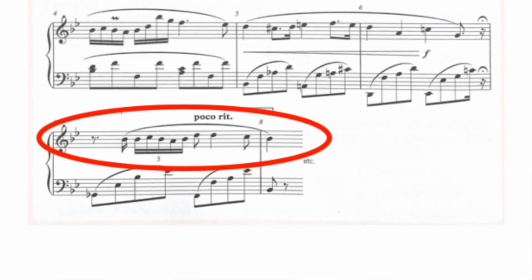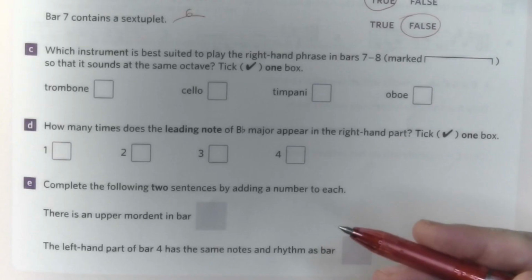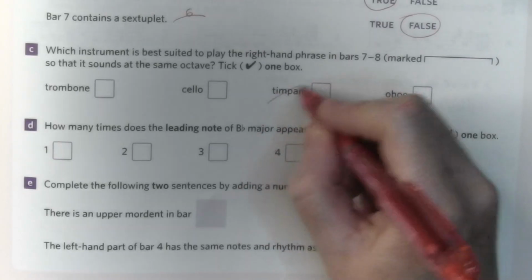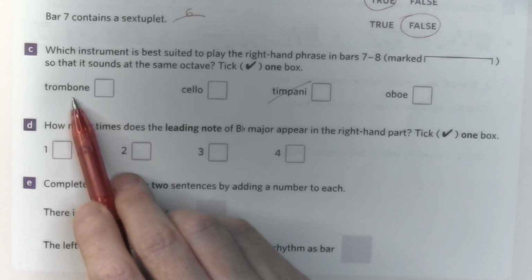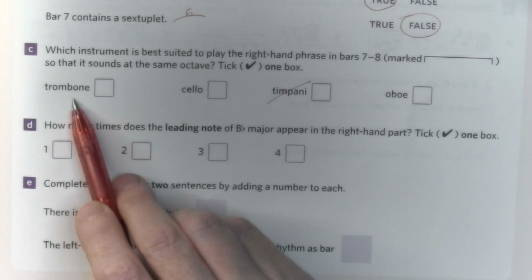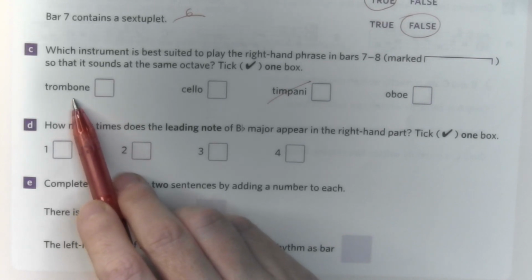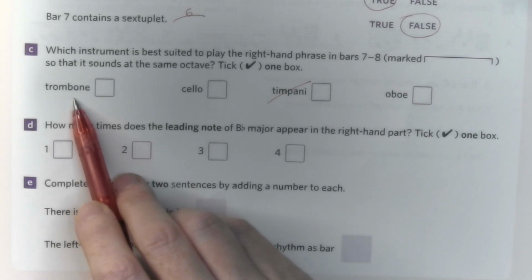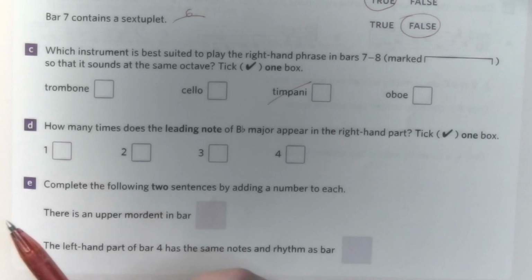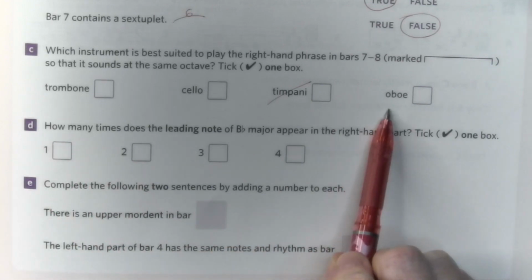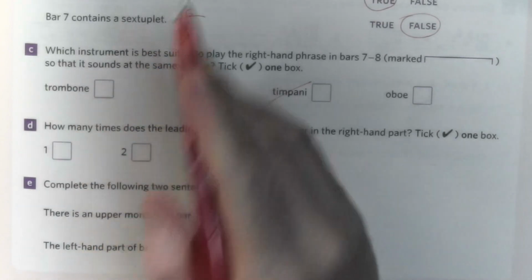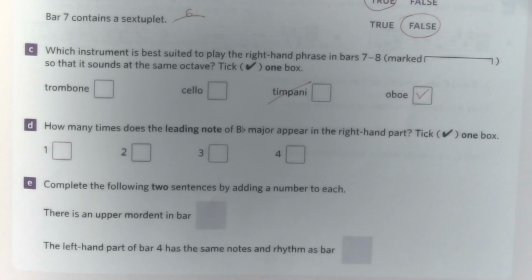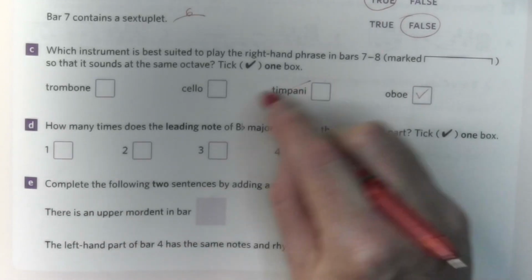Now, timpani can't be, because timpani has only a few pitches, like 1 or 2, so let's exclude that. Trombone is very low, and these parts are basically like a violin. It could be a clarinet, it could be a violin, it could be a viola, or it could be an oboe. So we must exclude cello and trombone. And our answer is oboe, also called in Italian oboe.